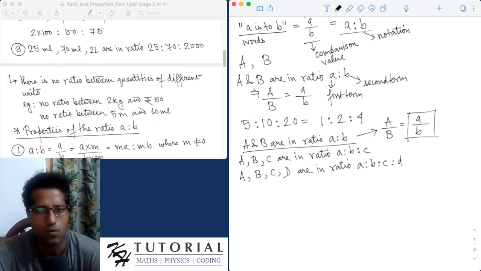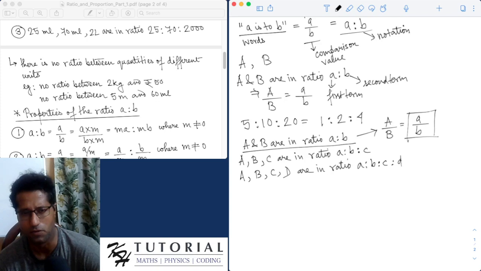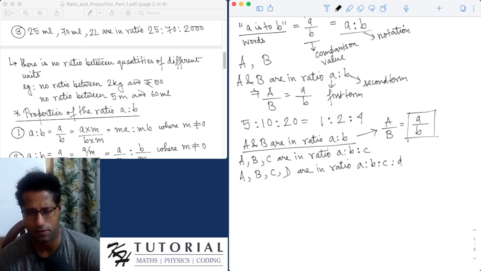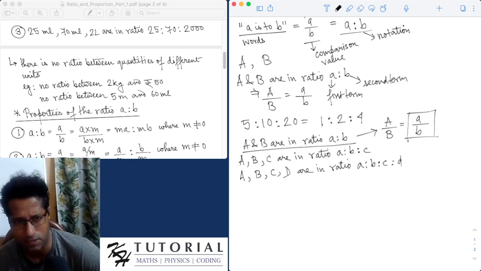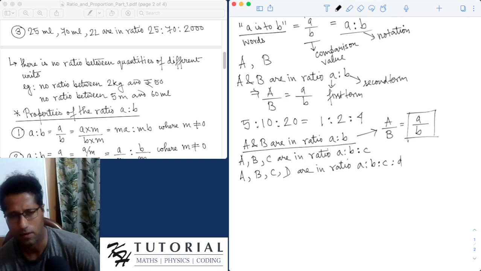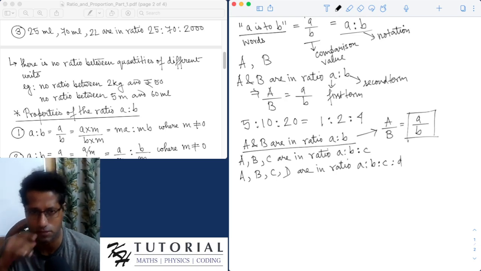Okay, now also note that there is no ratio between quantities of different units. We never talk about the ratio of two different units. For example, there is no ratio between 2 kg and rupees 50, a quantity whose unit is kg and another whose unit is rupees.